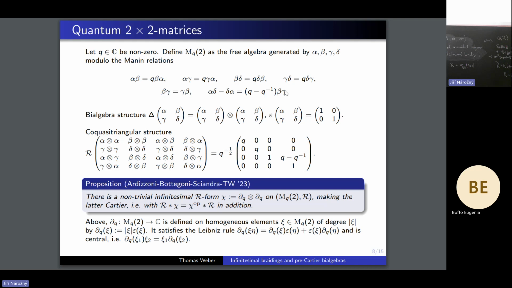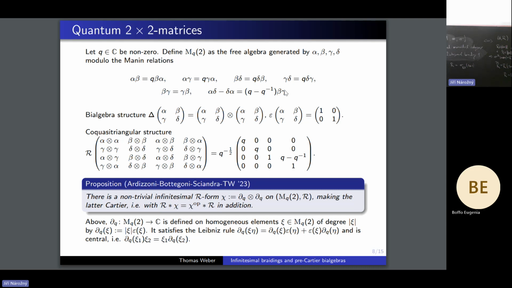So maybe some example that is less trivial. Let's have a look at quantum 2x2 matrices. Take q, just a complex number, should maybe not be 0. Then M_q(2) is the free algebra generated by alpha, beta, gamma, delta modulo the relations that are written here. So basically just some q-commutativity. Beta and gamma like each other, alpha and delta hate each other.